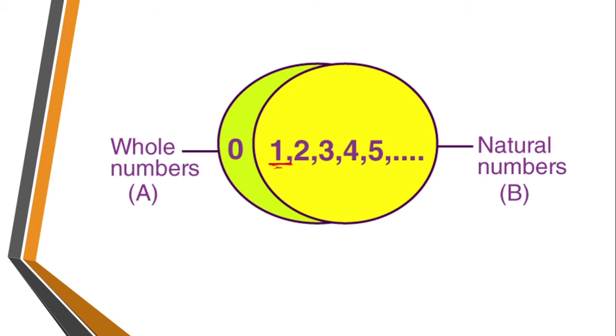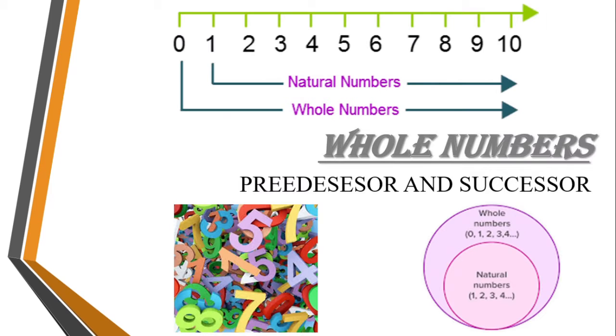So natural numbers are just a part of whole numbers. Whole numbers have 1, 2, 3 and all, plus 0. So you can see natural numbers start from 1 and whole numbers start from 0. So this was about whole numbers and natural numbers.